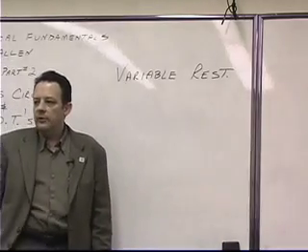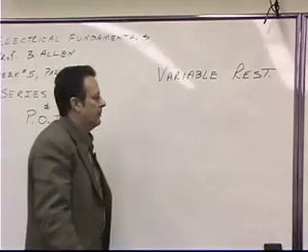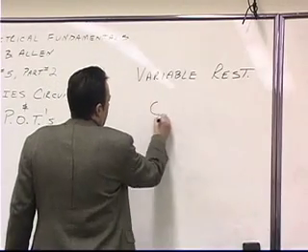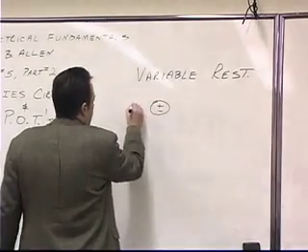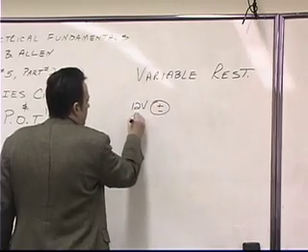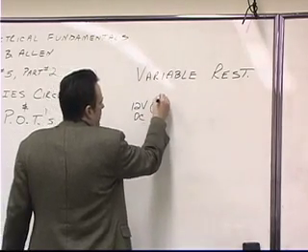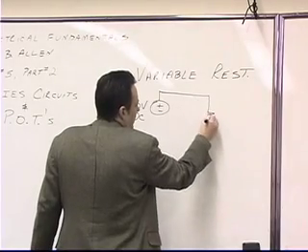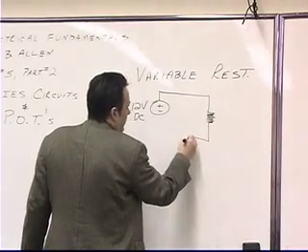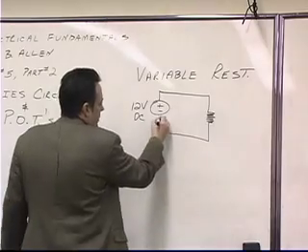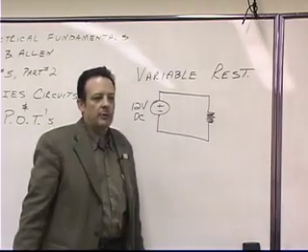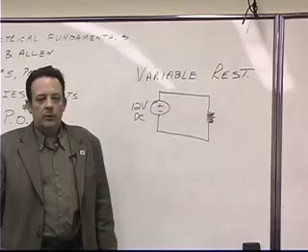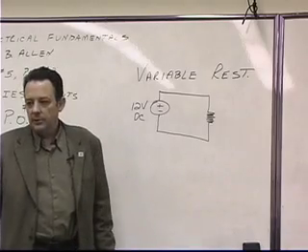Now the way that you'll see this drawn in a circuit, let's just say that we had a single DC supply that was 12 volts, and we had a load, and that load was a variable resistor, also known as either a potentiometer or a rheostat. But we're going to consider this one to be a potentiometer.